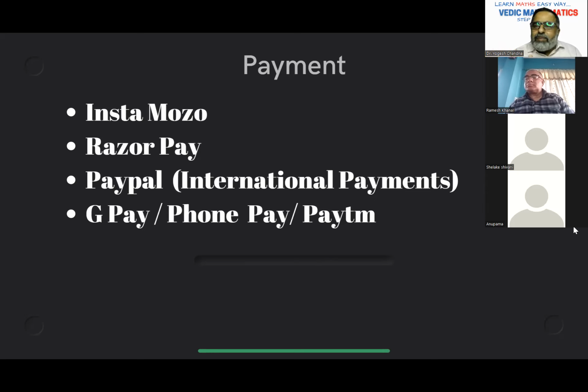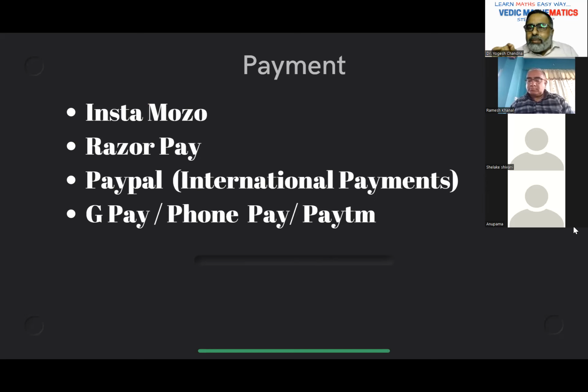And other payments, PayPal is one way, but for all of you, my friends who are from Nepal, we don't have any system right now. Just last week I had news that India has adopted the UPI system. Nepal has accepted the same.